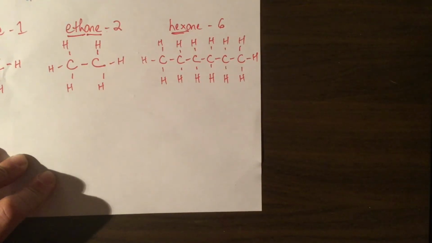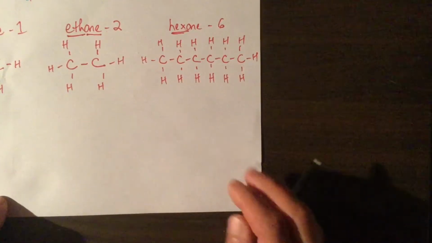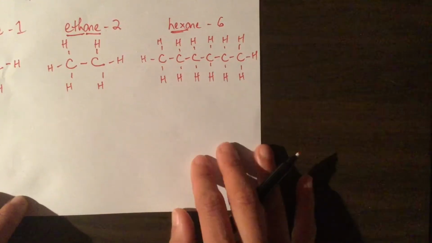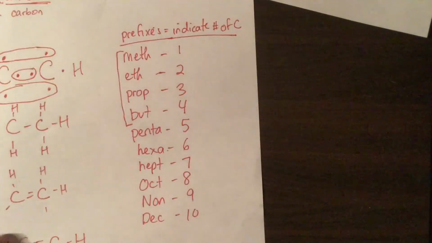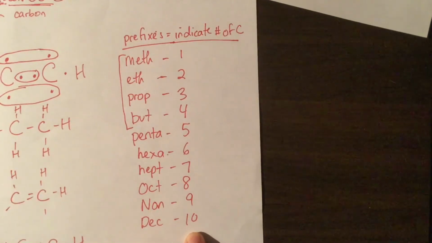Now we'll go on and try a few of these in the worksheet that you have been provided. If you have any questions, just make a note and we'll talk about them in class. But go ahead, try it. Use this nice little handy naming system that we have here to remind you of how many different carbon bonds there are. So if you haven't already, take a moment to write this down so you have something to refer to.